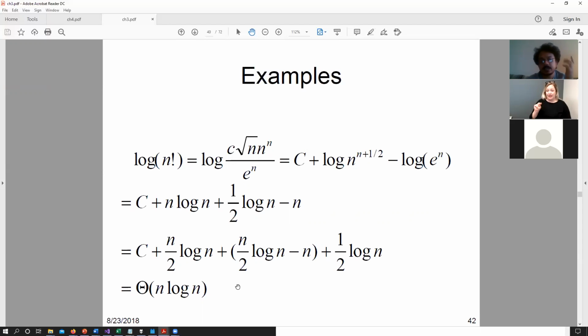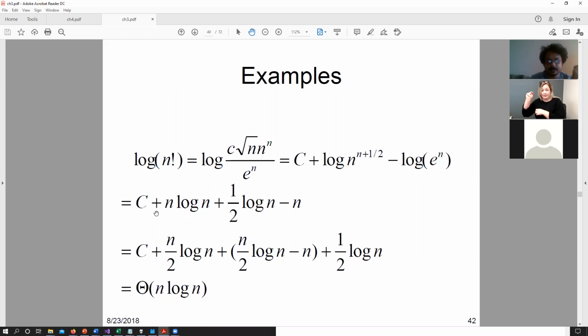That essentially means we have log of c square root n raised to n divided by e to the power of n. And since it's a log, we know that those rules apply. We can add multiplications and we can subtract divisions. So we have some constant c plus log n raised to n plus half, that is n square root n, minus log e to the n, right?